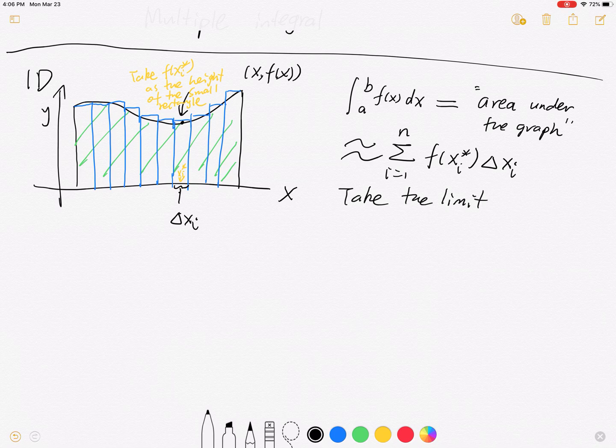In other words, we cut the interval into smaller and smaller pieces. We can thus define the integral as the following limit.